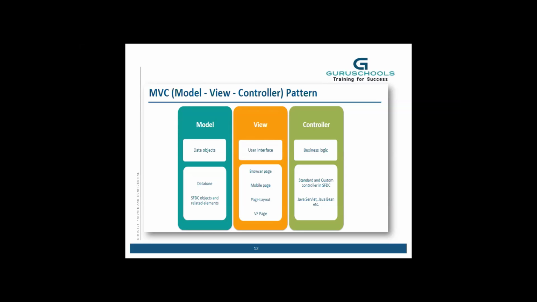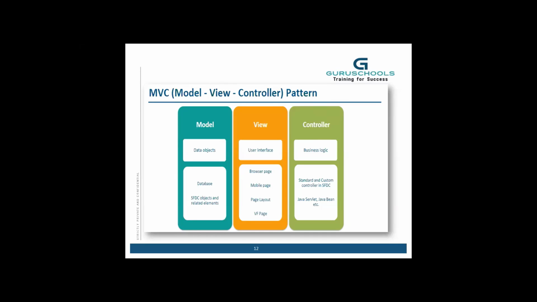And coming to the third, controller. So the controller responds to the user input and performs interaction on the data model objects. The controller is responsible to take the end user request and load the appropriate model and view. So it depends upon the model and view how our business logic will run. For example, we will be covering business logic in workflows and process builders.